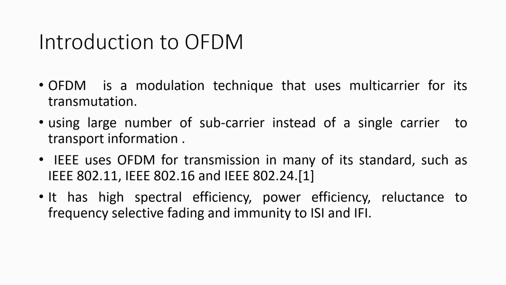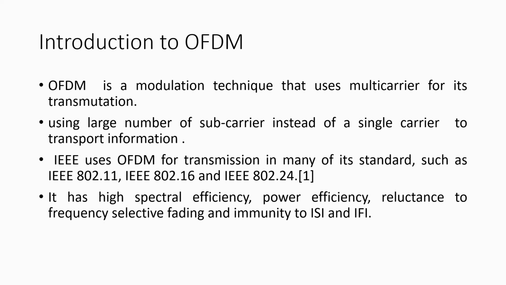OFDM is short for orthogonal frequency division multiplexing, and it is a type of modulation technique that uses a large number of subcarriers instead of a single carrier to transport the data.